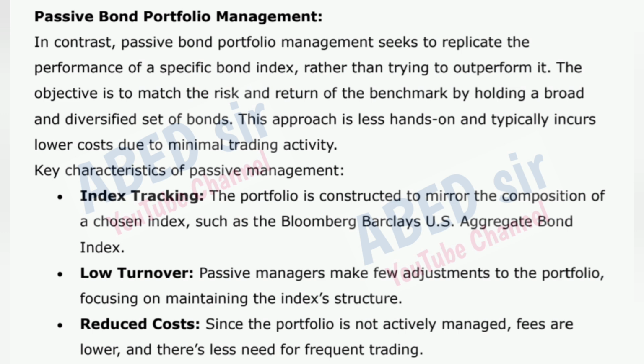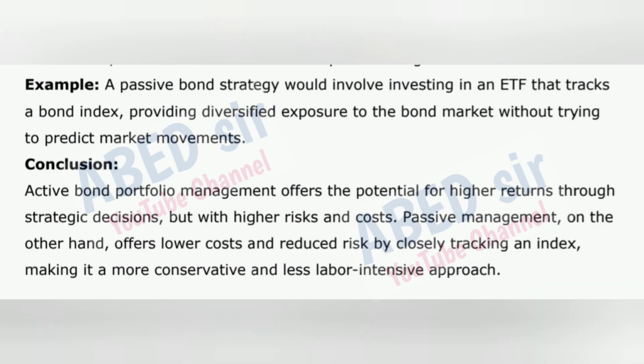Reduced costs. Since the portfolio is not actively managed, fees are lower, and there's less need for frequent trading. Example: a passive bond strategy would involve investing in an ETF that tracks a bond index, providing diversified exposure to the bond market without trying to predict market movements.